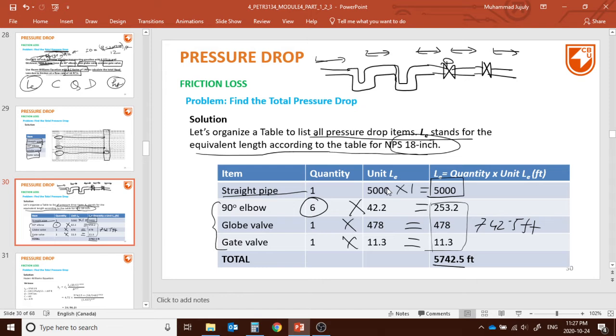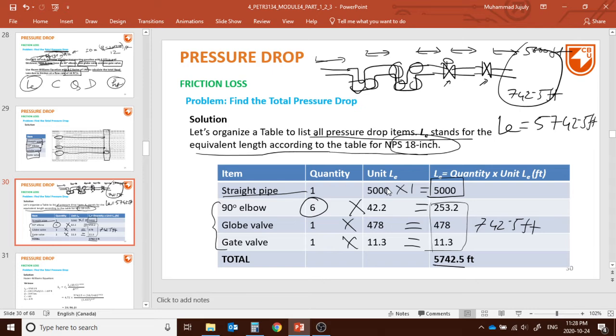The straight pipeline total is 5000 feet, and for these 6 elbows plus the globe valve plus the gate valve, we have another 742.5 feet. So the total equivalent length would be 5742.5 feet. Clear?